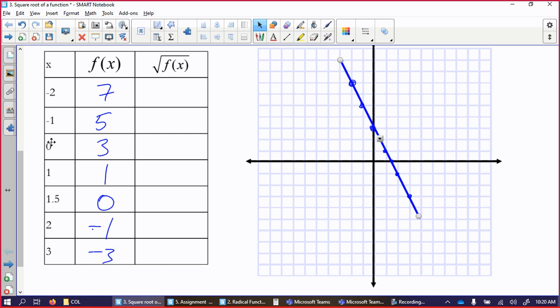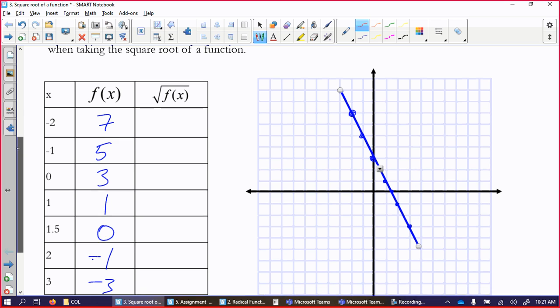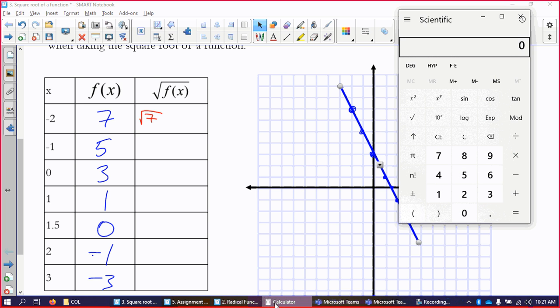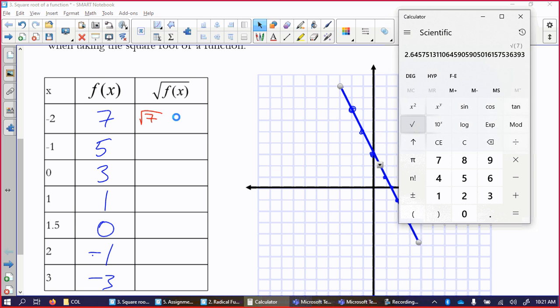But if I ask you to take the square root of that function and graph the square root of 3 minus 2x, we can start at the top or the bottom. If we are looking for the square root of the function, we don't have to do any thinking. The square root of 7 is the square root of 7. It's less than 3, 2.6-ish.